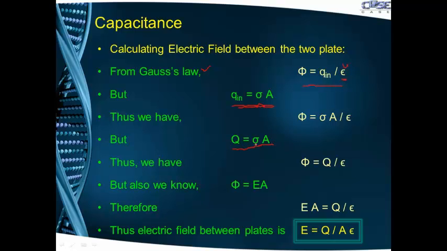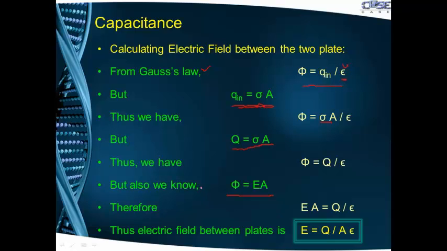The charge of a plate is given by charge density into the area, so flux would be equal to charge per unit epsilon, and flux is also equal to E into A.